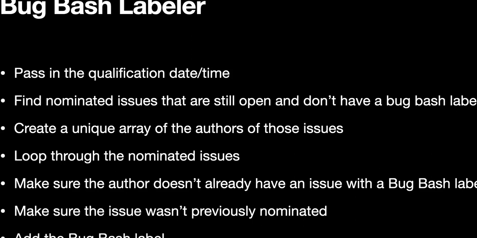So this ran constantly and made sure that anyone that nominated an issue only had one issue with the bug bash label at a time. So when we closed a case that had a bug bash label, it would go find another one of your nominated cases and add the bug bash label.